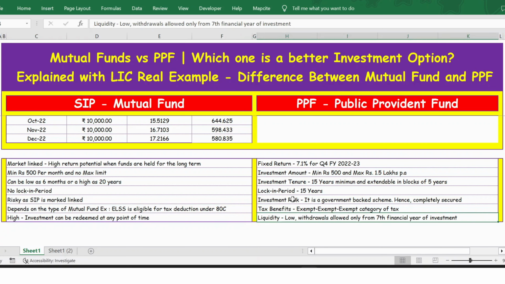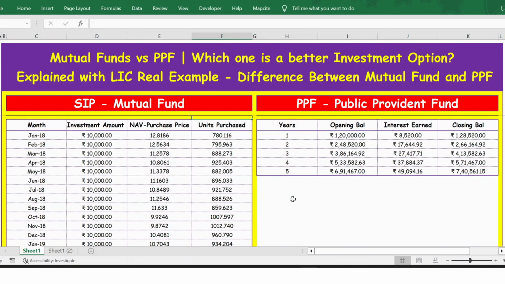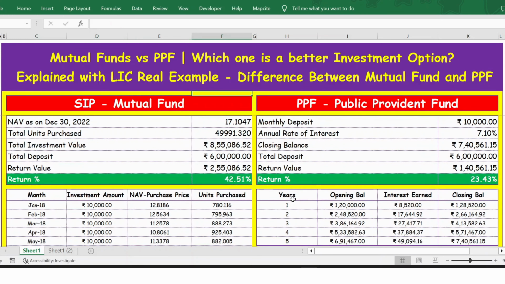Liquidity is very low in PPF because you cannot withdraw, with some exceptions like in the seventh financial year when the withdrawal period opens. Whereas in mutual fund liquidity is very high, and the investment can be redeemed at any point of time. So these are the basic differences between mutual fund and PPF, and I hope you understood the difference and how to calculate the return.